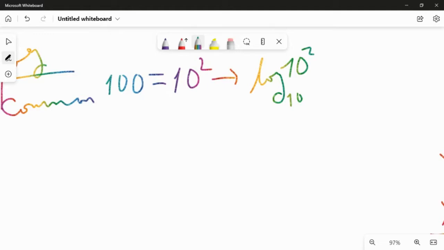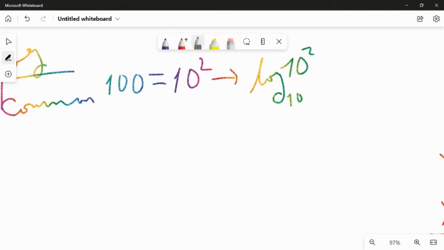There are two ways you can read this: base 10 log of 10 squared, or log of 10 squared to base 10. But basically, this is 100.